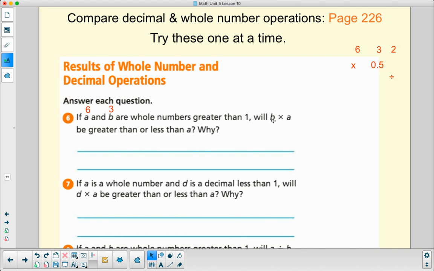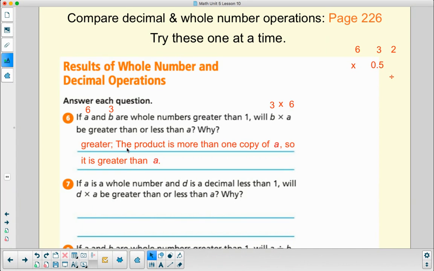Will B multiplied by A be greater than or less than A? So is 3 multiplied by 6 greater than or less than 6?